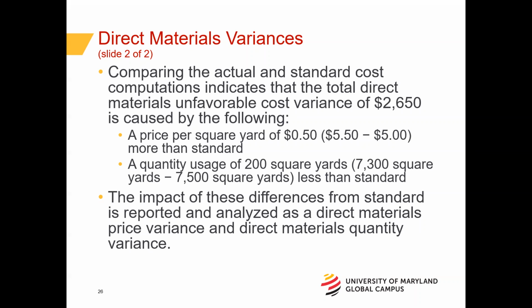So in other words, we still came in over on our direct materials, but it wasn't because of how much material we actually used. It was because of the price increase on the materials received. And so that helps us to identify the reason for the variance. It's always important that we understand in management why a cost increased, what caused that increase.